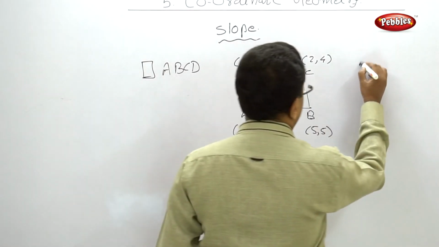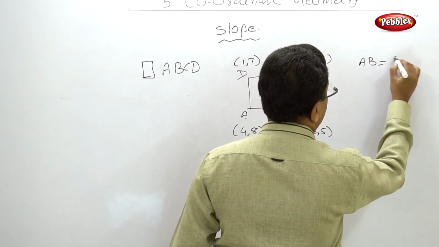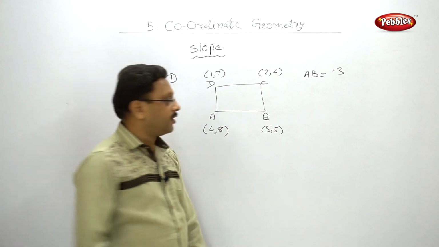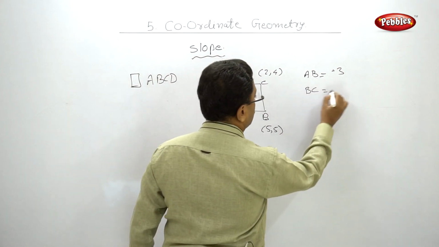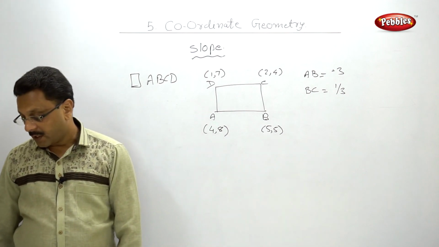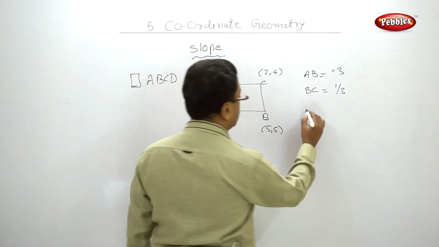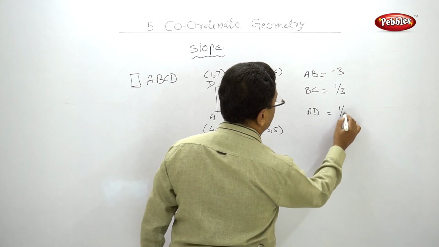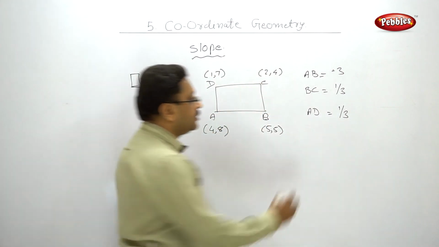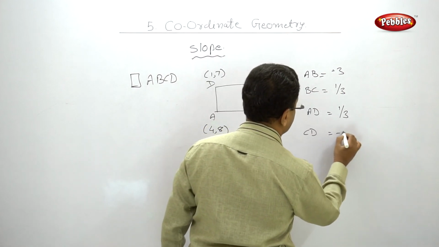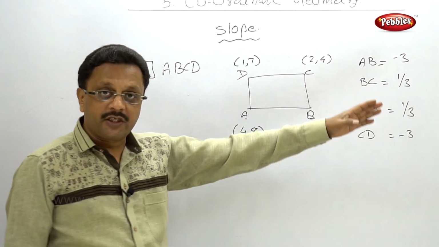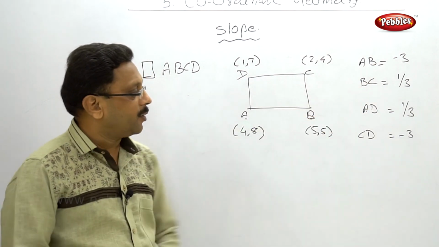The slope of the line AB is minus 3. Slope of the line BC is 1 by 3. Slope of the line AD is 1 by 3. And slope of the line CD is minus 3.